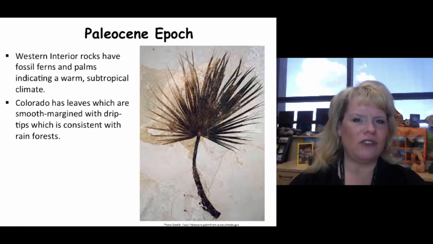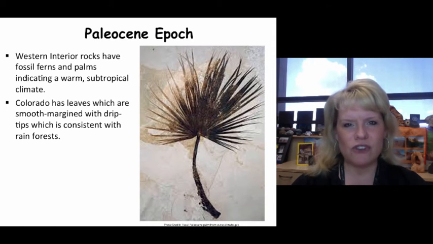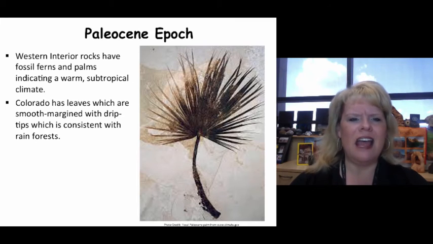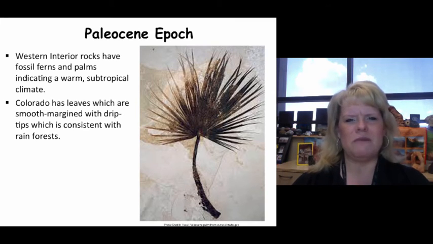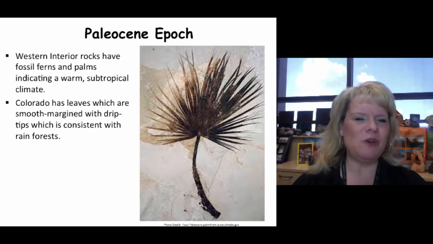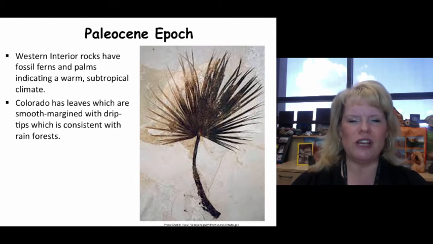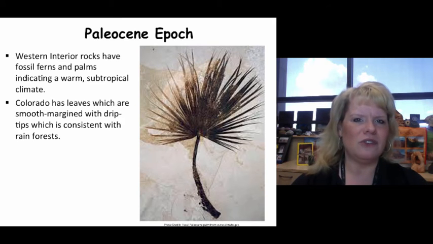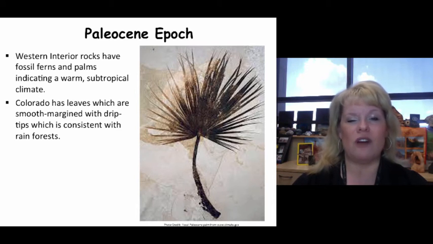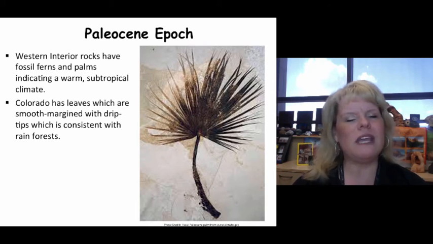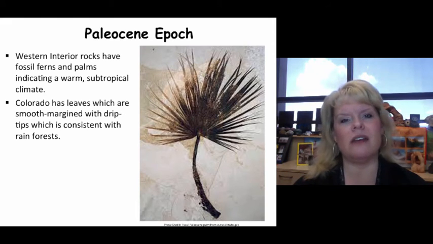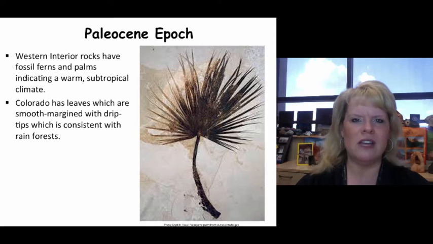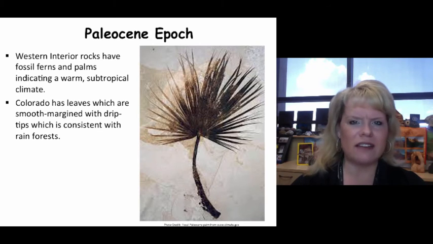If you imagine western interior rocks, like in Arizona and Utah and Nebraska, they had warm subtropical conditions and plants such as this palm leaf, so this was a really interesting subtropical time. If you went a little further south, down to Arizona and Colorado, you would find that it was very much a tropical rainforest type area. So plant life was different, and so was animal life. It was a warm recovery after the Cretaceous mass extinction event.